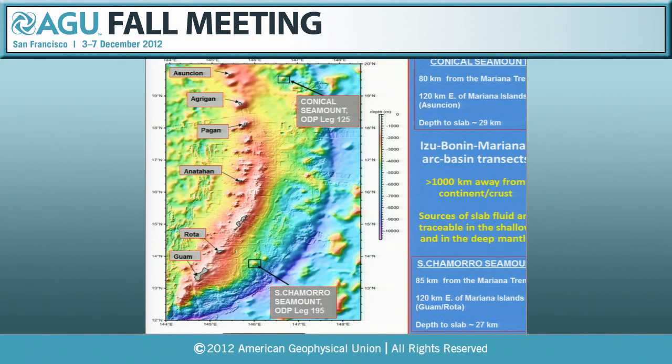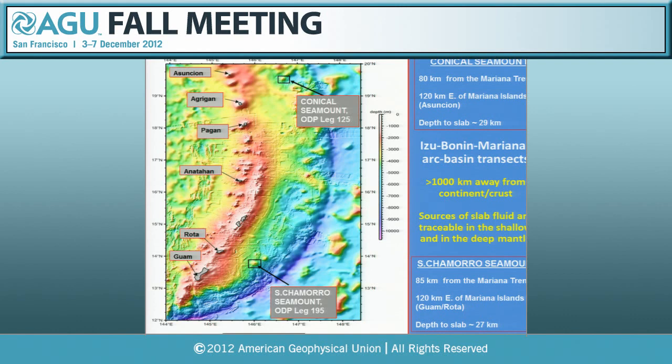So here is a bathymetry map of the Marianas, where we can see the Marianas Trench, the deepest trench on the planet, and this chain here, which constitutes the volcanic front in the Marianas. These are all islands that are volcanic in origin. And in between the trench and the volcanic front, we have these unique mud volcanoes that erupt serpentinite.